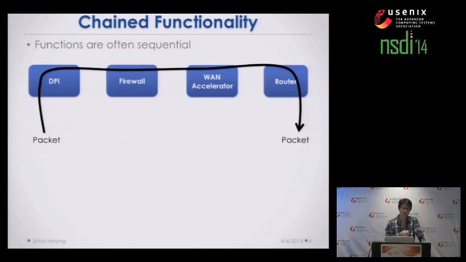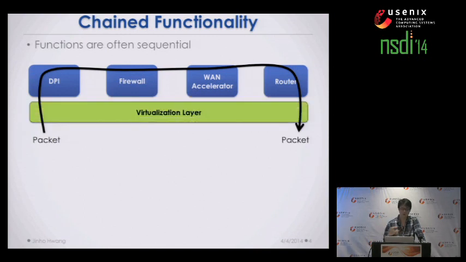The packet comes into the network, and goes through deep packet inspection, firewall, accelerator, router. All these sequential processes are handled by separate servers. But if we deploy this in the virtualized platform, we probably have the opportunity to process in a parallel way, or to process the packets between these functions in a fast way, right? It gives us more opportunity to do that.